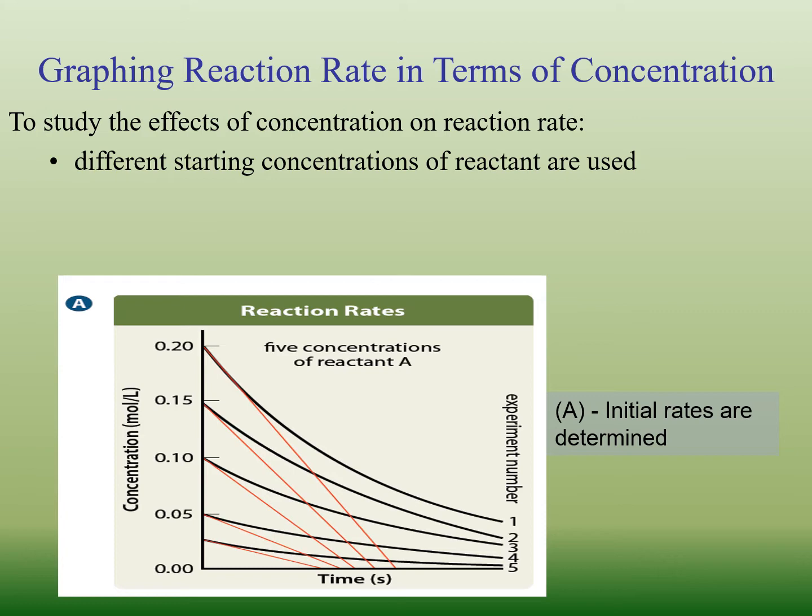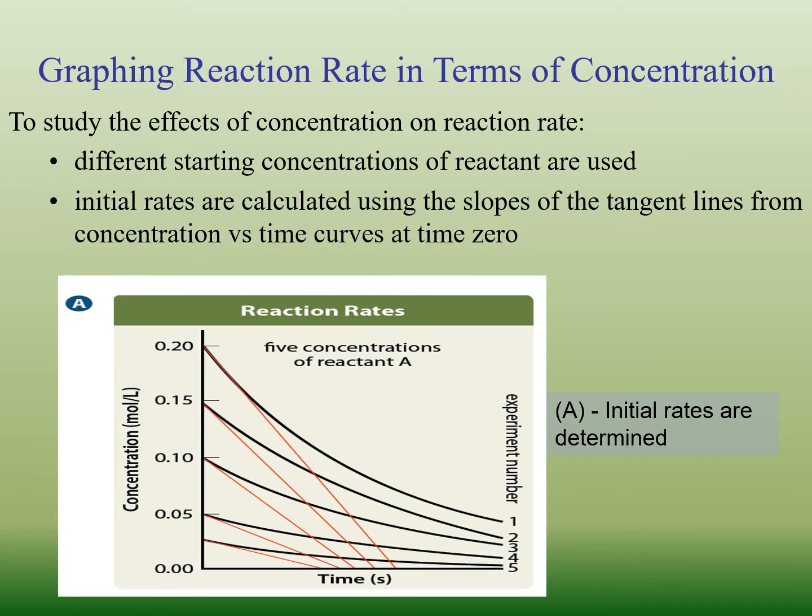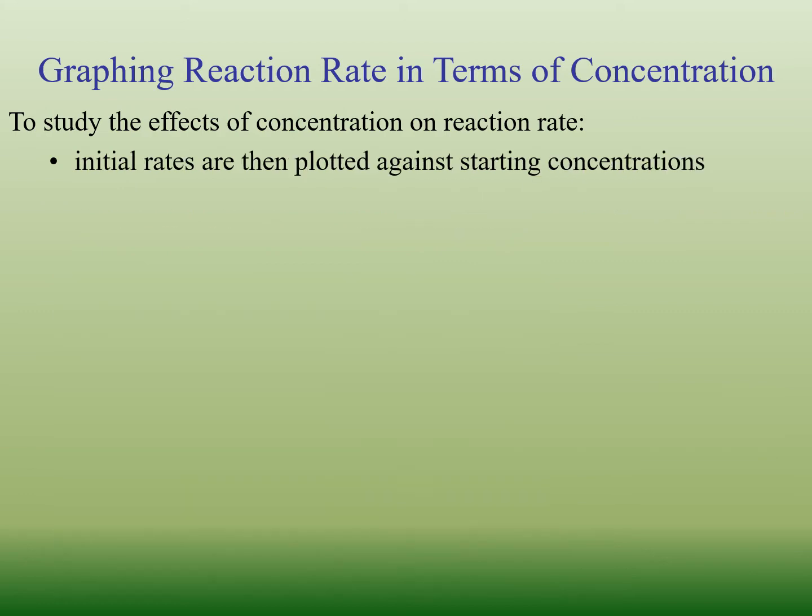For each curve, the initial rate is calculated. The initial rates are calculated using the slopes of the tangent lines from concentration versus time curves at time zero. Those calculated initial rates are then plotted against starting concentrations. The resulting graph looks like this.